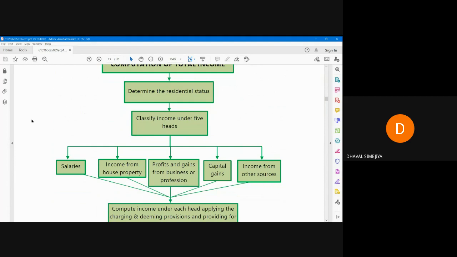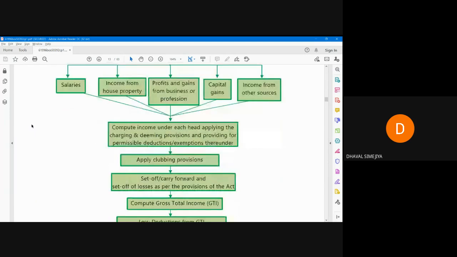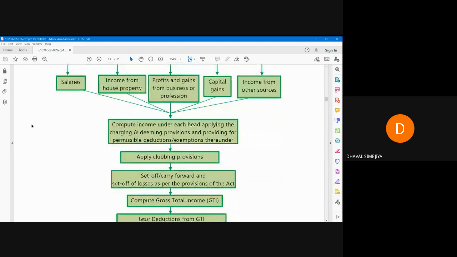Then, we will classify income under 5 heads: salary, house property, PGBP, capital gain, and income from other sources. After classifying all this income, we will calculate the total income.